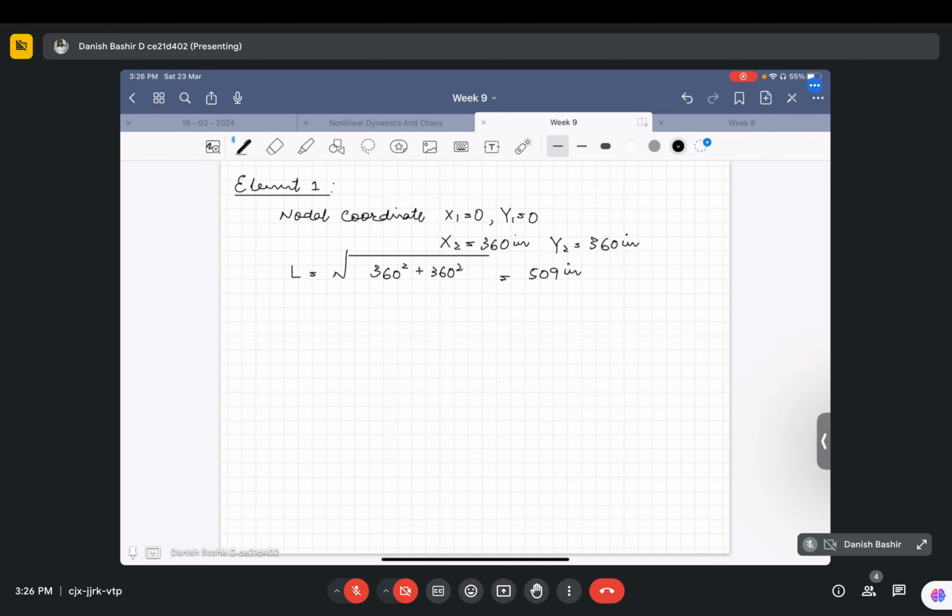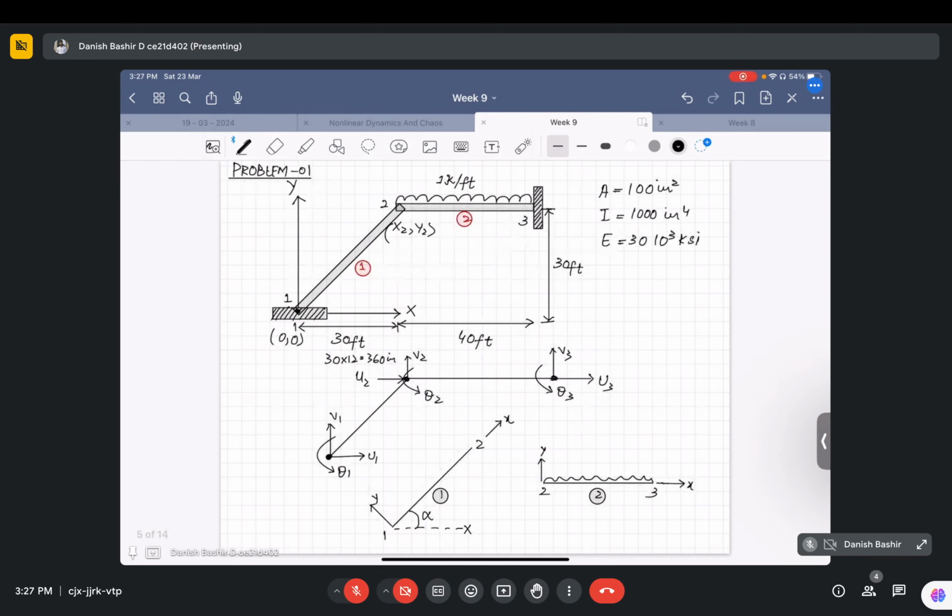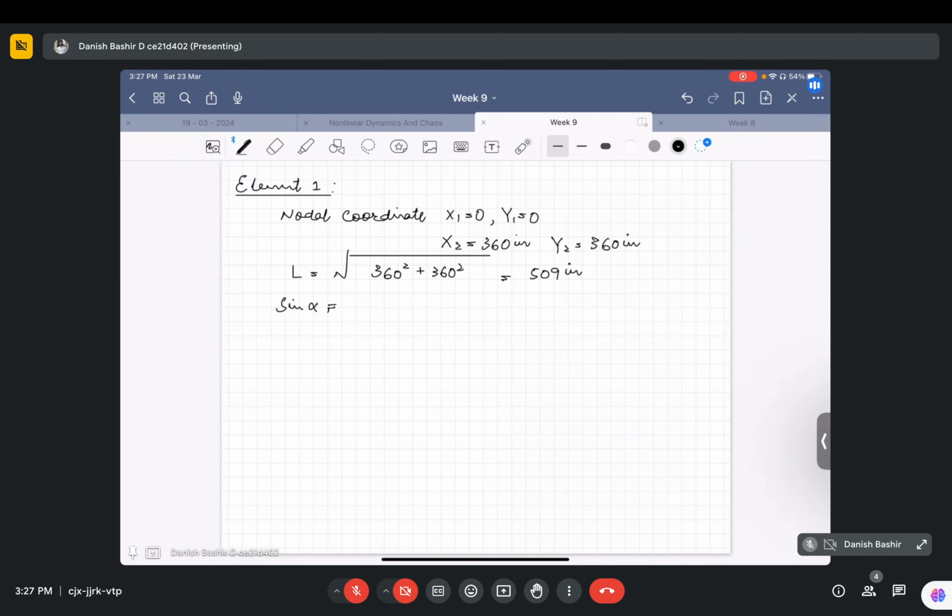Okay, one more thing we have to compute: sine alpha, which will be equal to 360 inch divided by 509, which comes out to be 0.707.